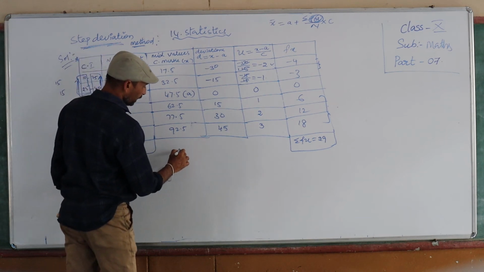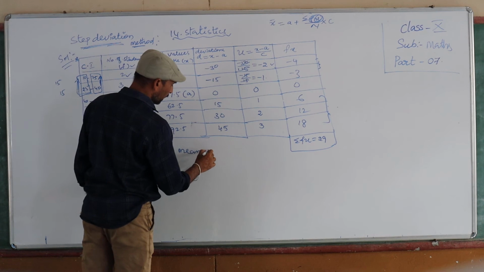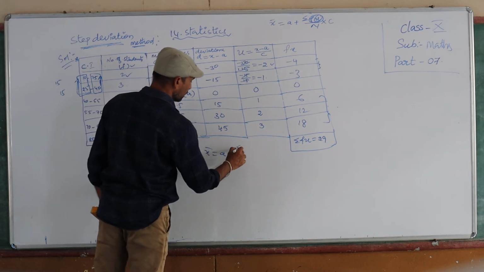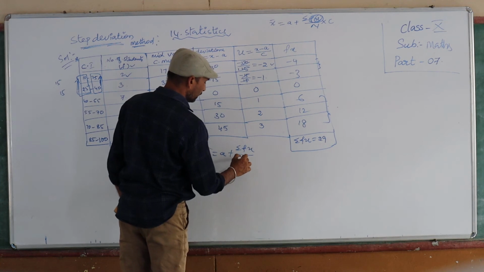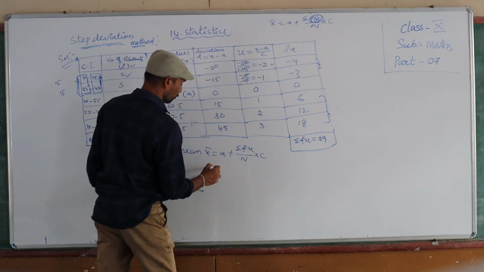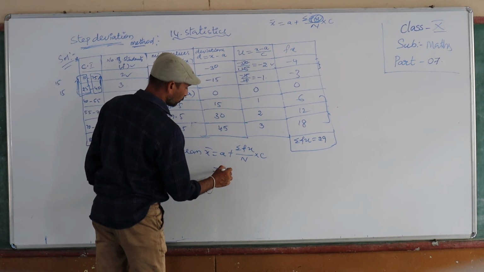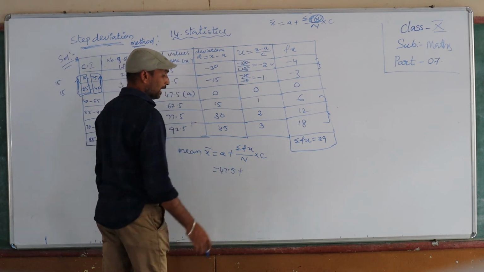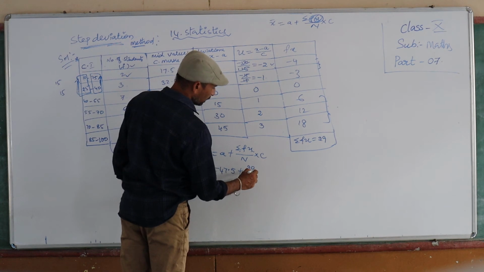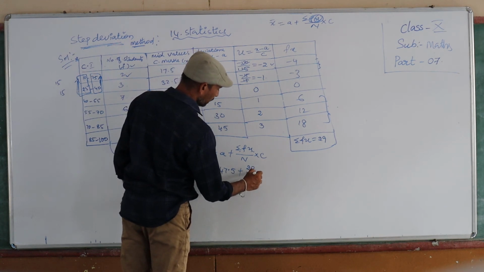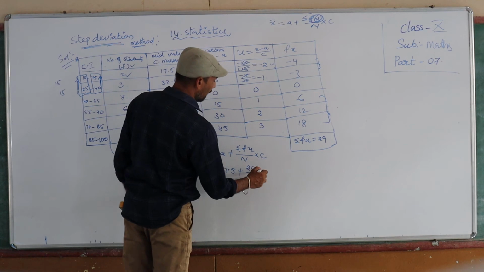Then mean x bar is equal to a plus sigma fu by n into c. A value 47.5 plus sigma fu 29 by 30 into c value 15.